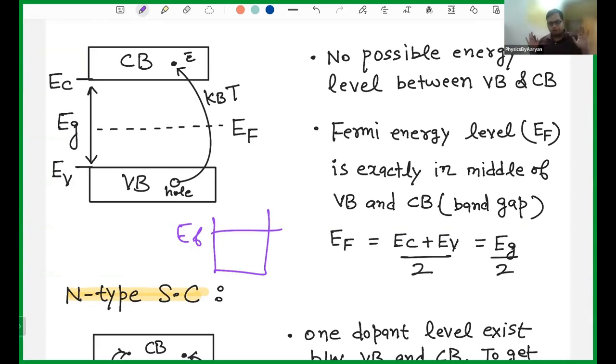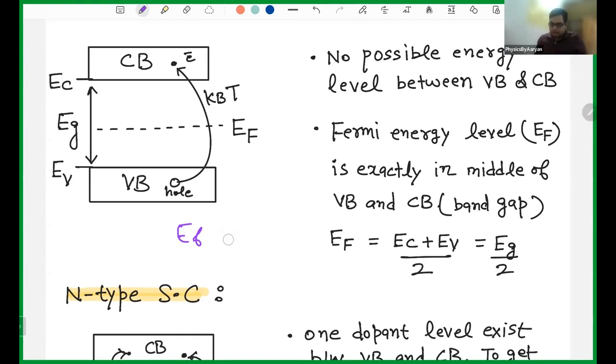If you are talking about electronics, think like you have a material and a bucket of water, and up to whatever level your water is filled, that level is known as Fermi energy. So it is an average energy of your system or your electronic material. This is the definition of Fermi energy in electronics.